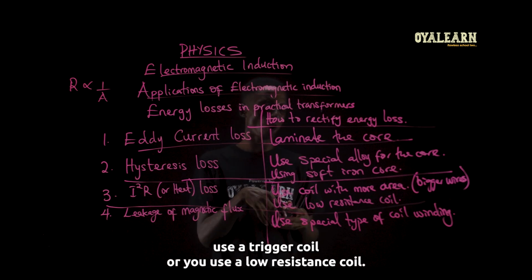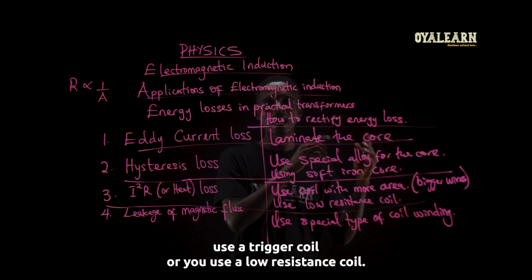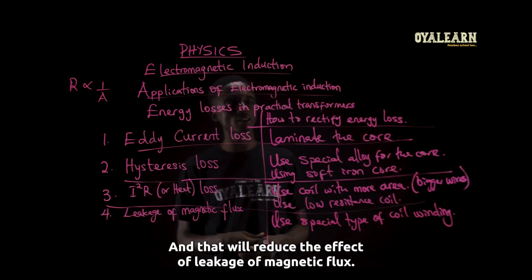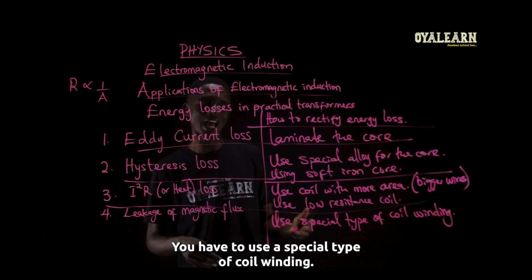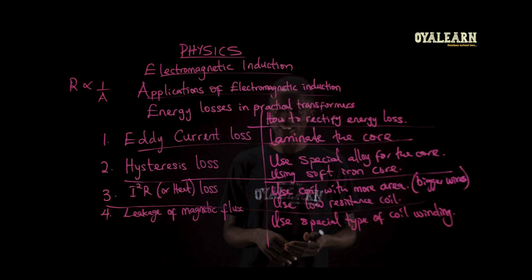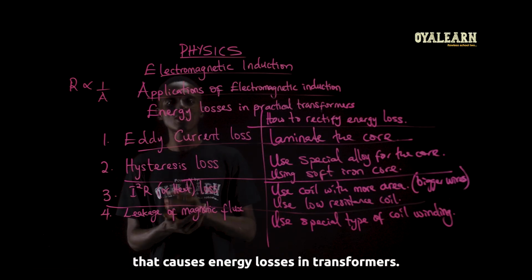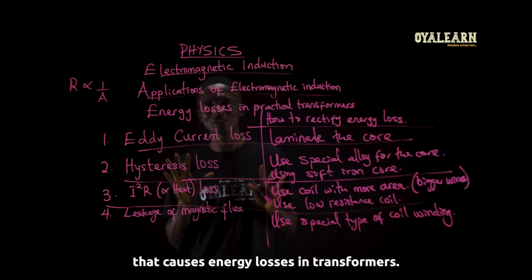Use a thicker coil, or you use a low resistance coil. And then to reduce the effect of leakage of magnetic flux, you have to use a special type of core winding. This is how you reduce the effect of these factors that cause energy losses in transformers.